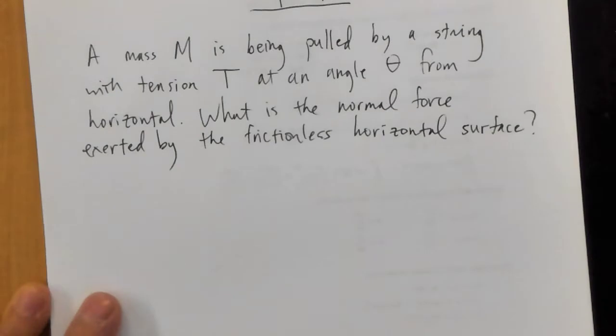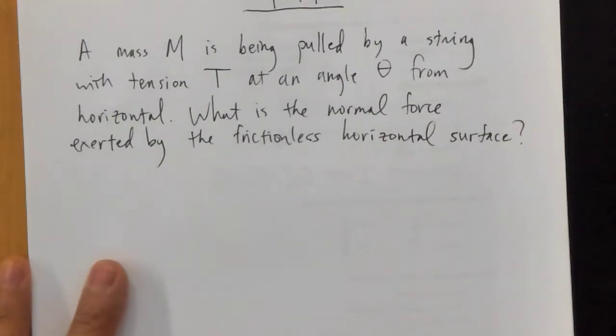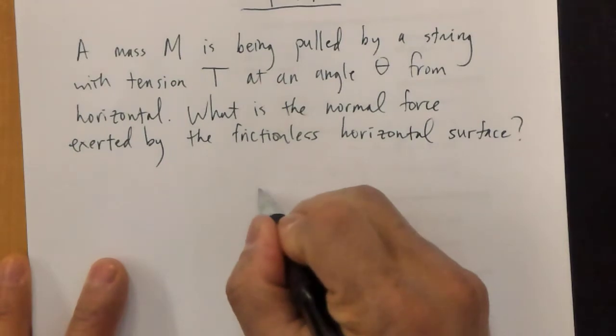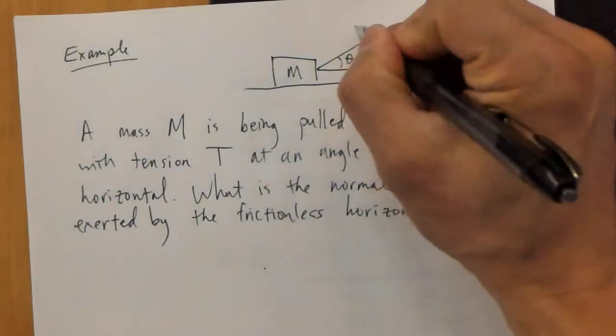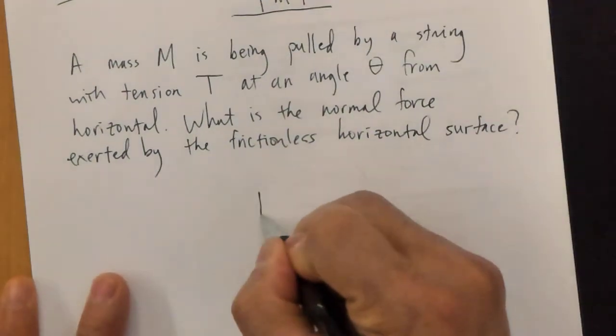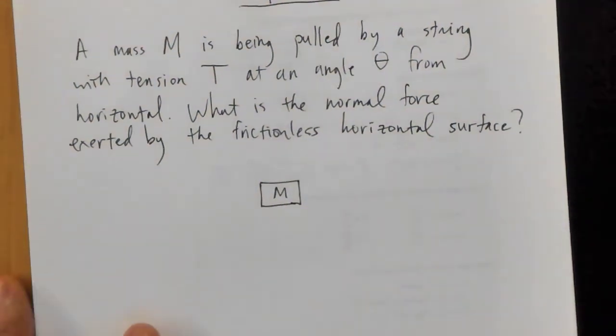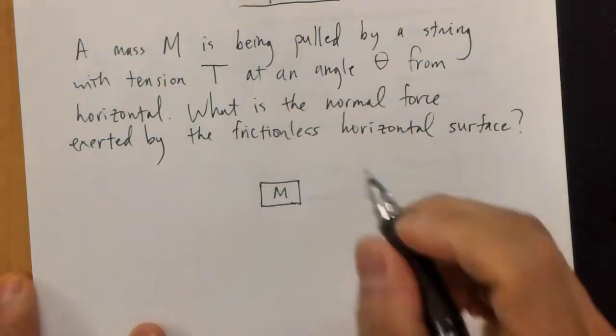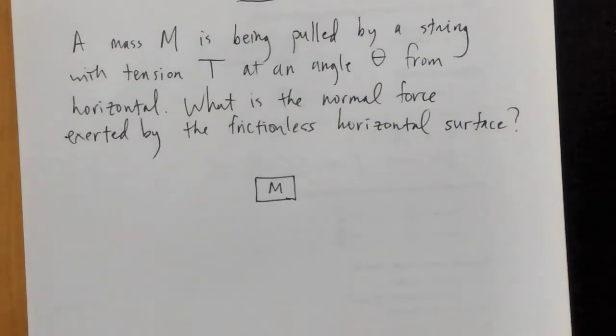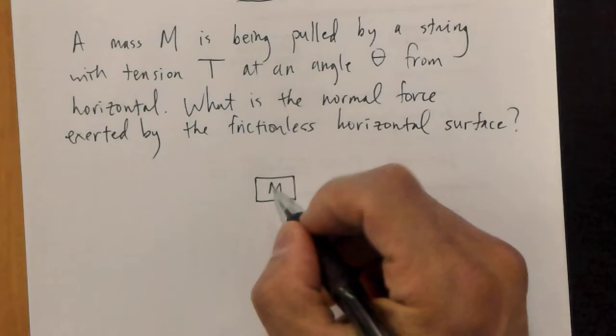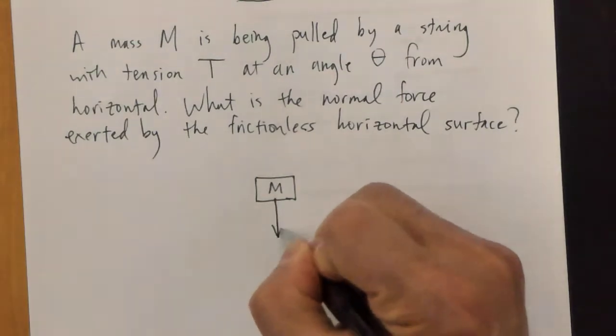Okay, so let's draw all the forces that are involved. There's no friction. So there's some tension T, but I'll draw the full free-body diagram here. I have a mass M. That's the mass. All right, somebody tell me one of the forces acting on this mass. Gravity, okay, right here. So it goes straight down.